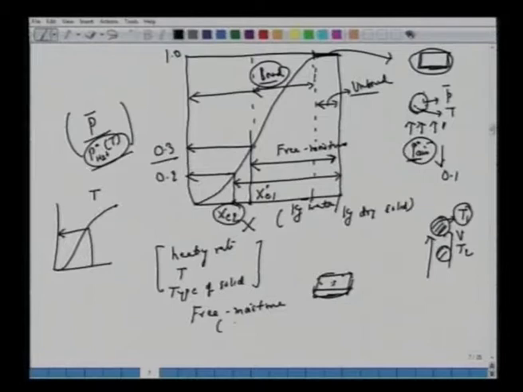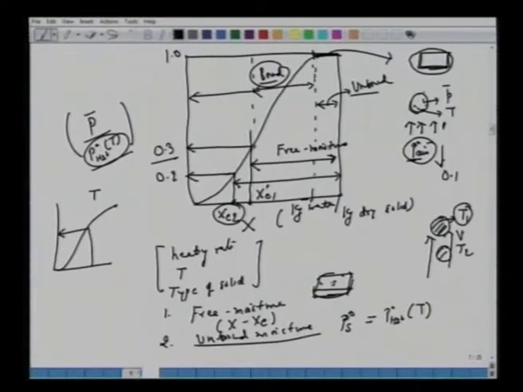So this would be X, start with X, and we have Xe, that's one. When we talk of unbound moisture, here we are saying that the vapor pressure at the surface is same as vapor pressure of pure water. So all we are saying is that there is still a film of moisture, a film of water.